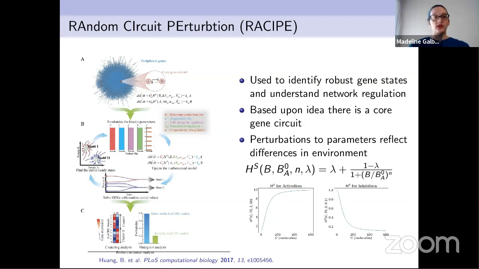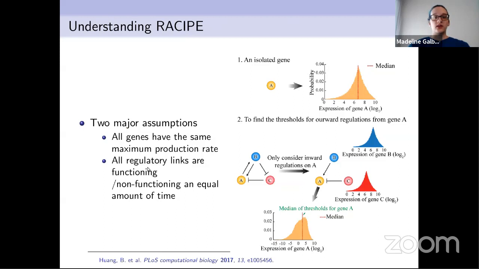And so if we look a little closer in detail, RACIPE has two major assumptions, one of which is that all genes have the same maximum production rate, as this is determined by the transcriptional rate. And then all the regulatory links, which we define using the Hill functions, are equally likely to be either functioning or non-functioning.